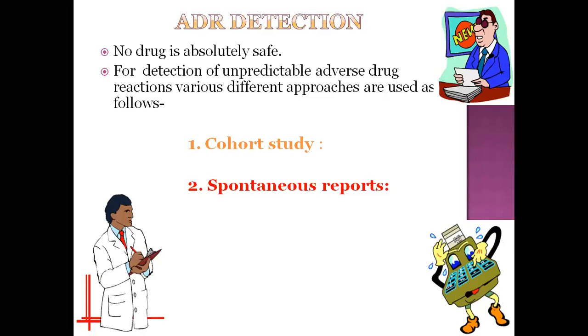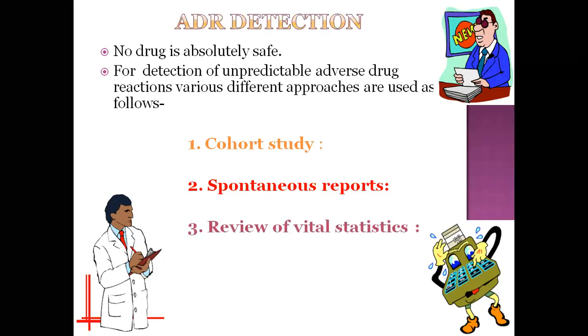They spontaneously reported against that particular vaccine. And a particular agency gives the related information and provides that information to the prescribers, which is helpful for ADR minimization.